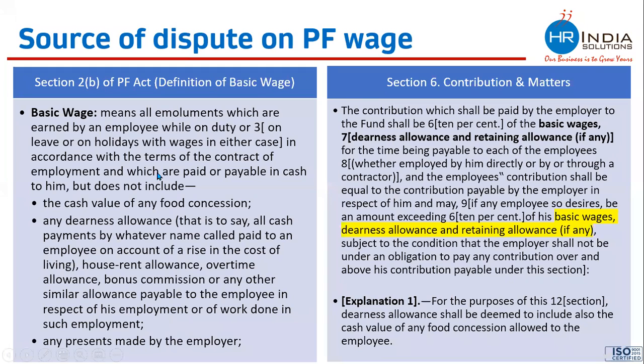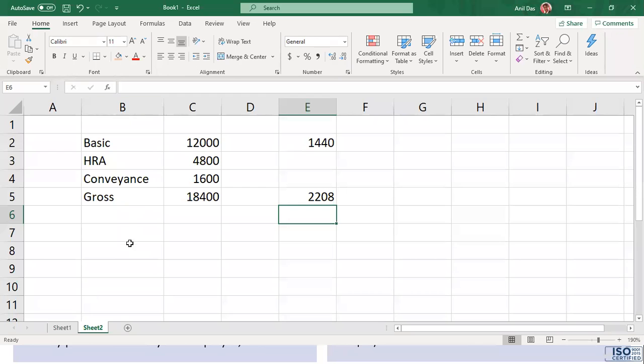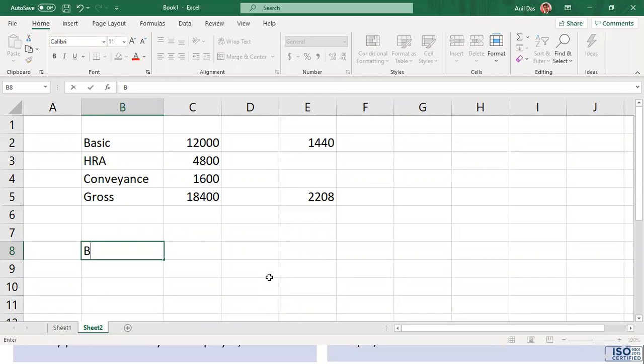On the left hand side, basic wages as defined by the act is there. Basic wage means all emoluments which are earned by an employee while on duty. Law is asking about basic wages, and companies have started considering basic salary.